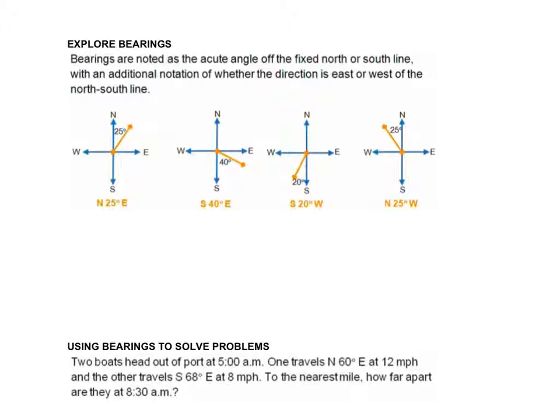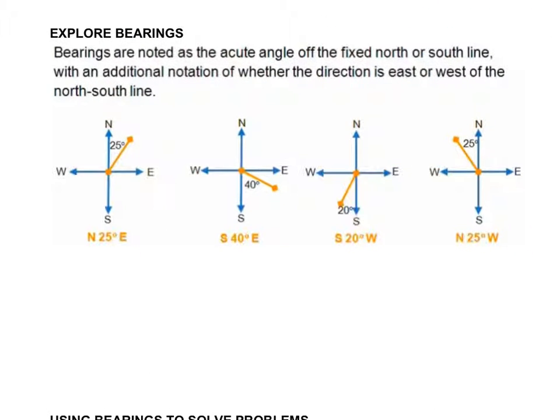Okay, so the last thing we need to talk about here is exploring bearings. Bearings are noted as the acute angles off the fixed north or south line with an additional notation of whether the direction is east or west of the north-south line.